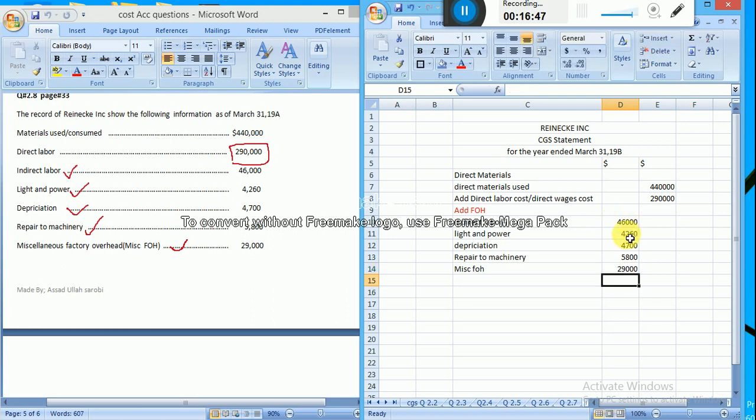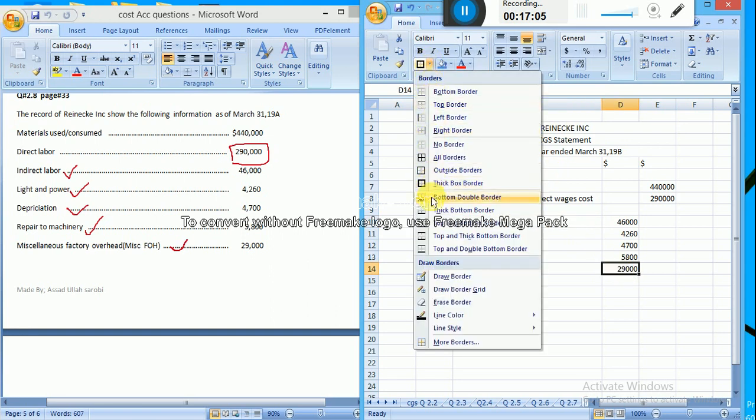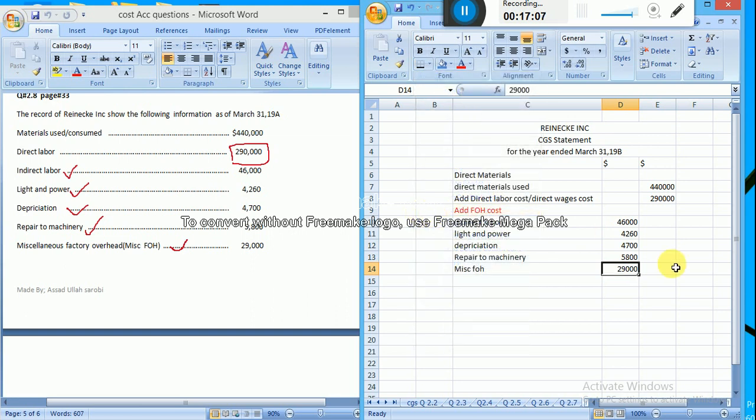Miscellaneous factory overhead was 29,000. Okay, so look, all these are combinedly called factory overhead cost. Now we will add all these indirect costs.